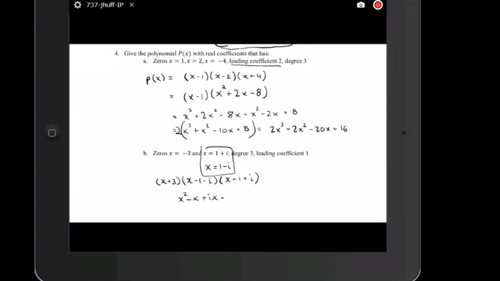So that's going to be minus x plus 1 minus i. And then you take this negative i and distribute it to all three terms, and you get minus ix plus i minus i squared.